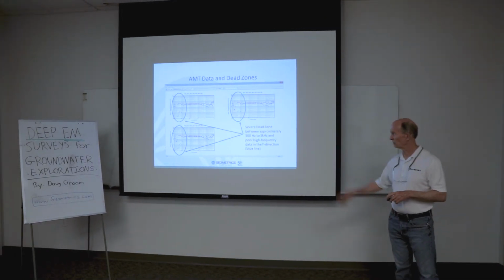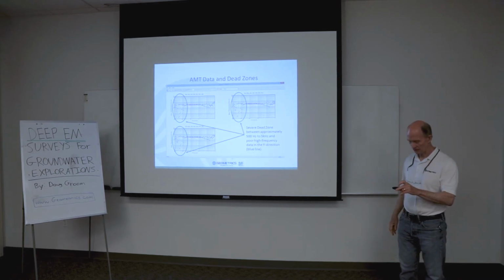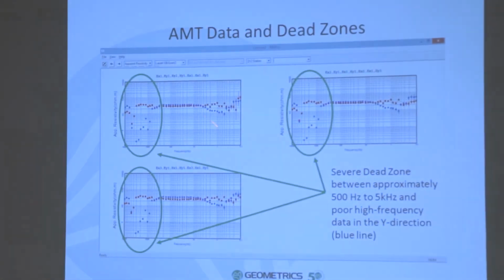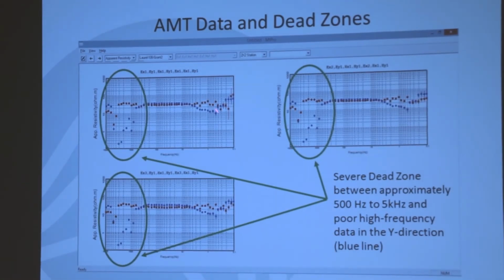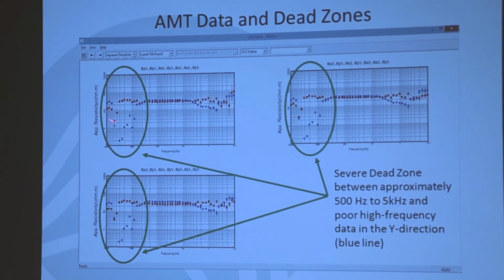This is an example where this transmitter was very useful. As you can see, we have very nice data down to less than 1 hertz here. But in the dead zone area, between 1 to 3 kilohertz in the X, which is the red direction, we have good data.